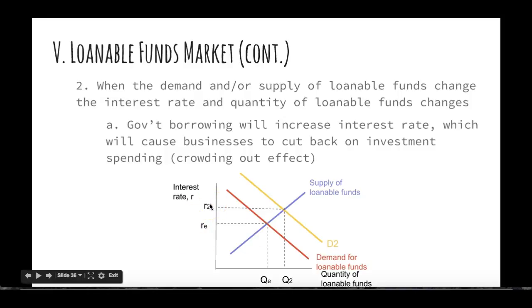Because they're driving the interest rate up, that's the interest that's charged to anybody, not just the government. So businesses that, for example, want a loan to expand their business have to be charged that same interest rate. Because the interest rate has gone higher, a lot of businesses are going to say, well, geez, I can't afford that. So as a result, the government is actually pushing out some investment spending.